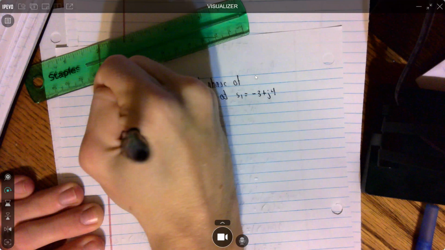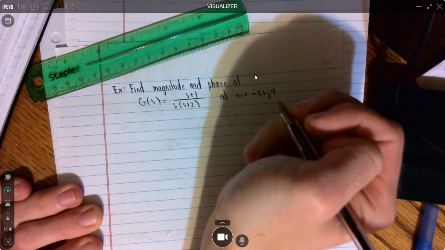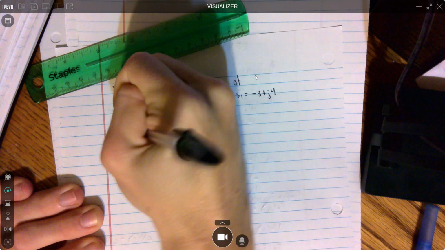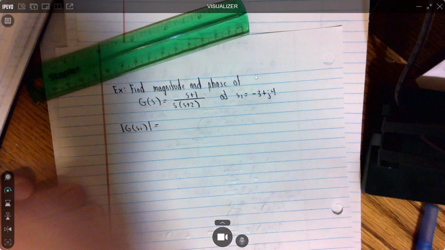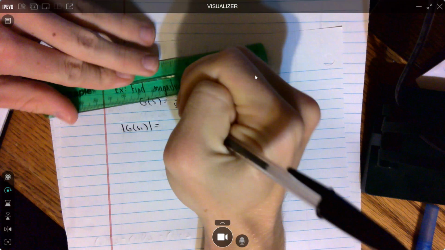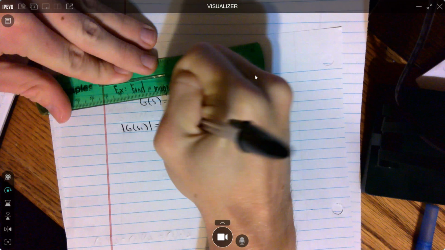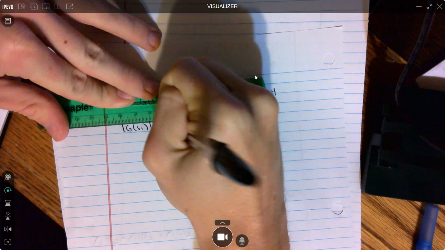So if we have to find the magnitude of g of s1, it's going to equal the magnitude of the numerator over the magnitude of the denominator.